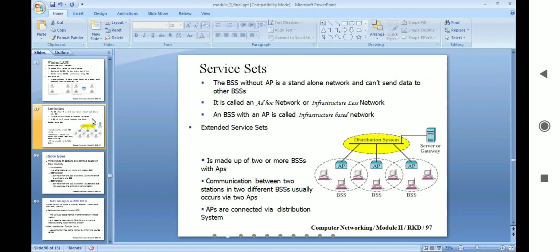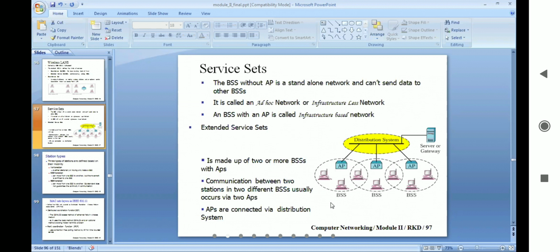You can see here, this is one BSS, this is another BSS, this is another BSS. Three BSS, and all these BSS have an access point. Suppose one of the workstations of BSS 1 wants to communicate with one of the workstations of another BSS. What do they have to do?